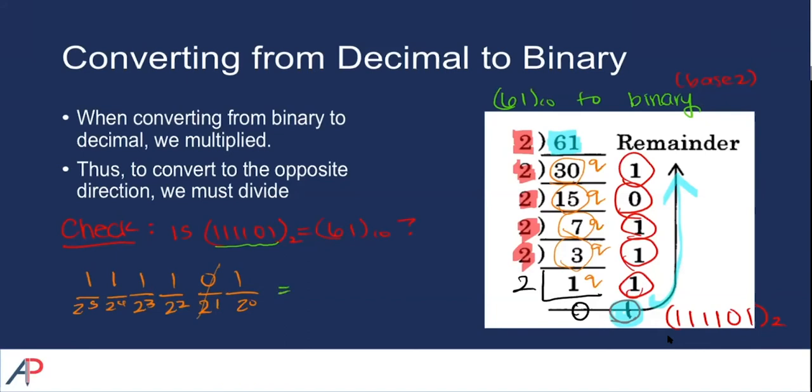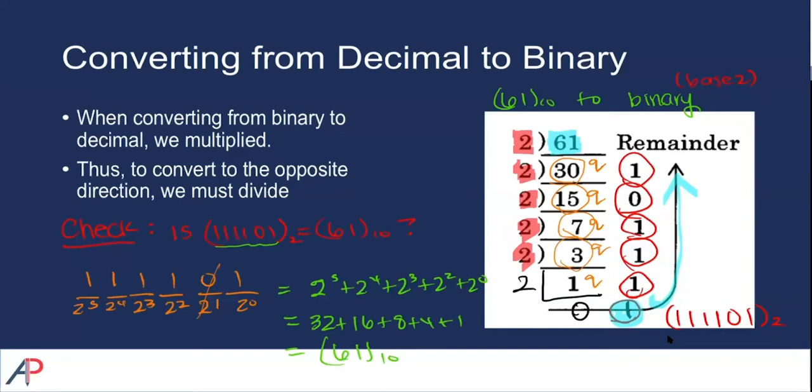So we have 2 to the fifth power plus 2 to the fourth power plus 2 to the third power plus 2 to the second power plus 2 to the 0 power, which is equivalent to 32 plus 16 plus 8 plus 4 plus 1. In total, we should get 61. Yay. So we've double checked that our answer is correct.